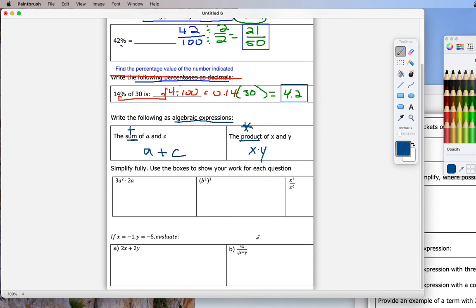Now we get into some indice laws, all right? So it says simplify fully. You have to know your indice laws. So what I'm going to do here is I'm going to put a little hidden 1 on this A, so I know that there's a power on the A. I'm going to go 3 times 2 is 6. And I'm going to have A squared times A to the power of 1.